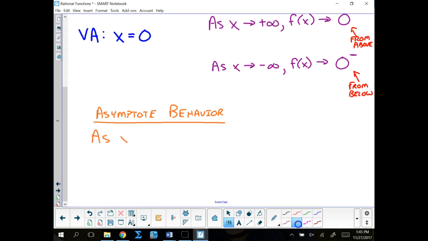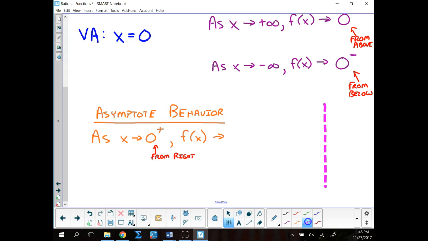As x approaches 0 now from the right, what does my function do? So basically, on the graph, you're going to have this vertical line.